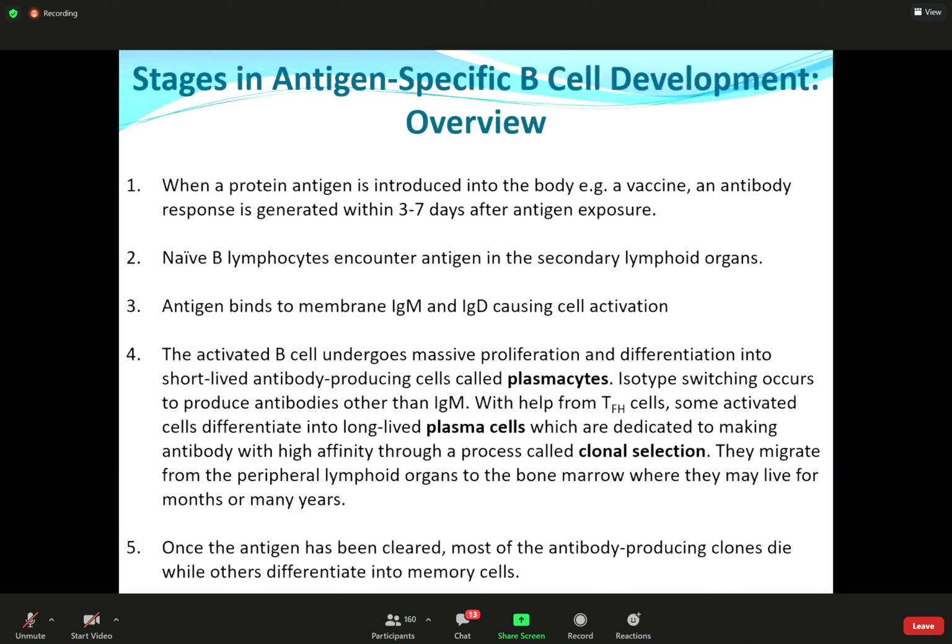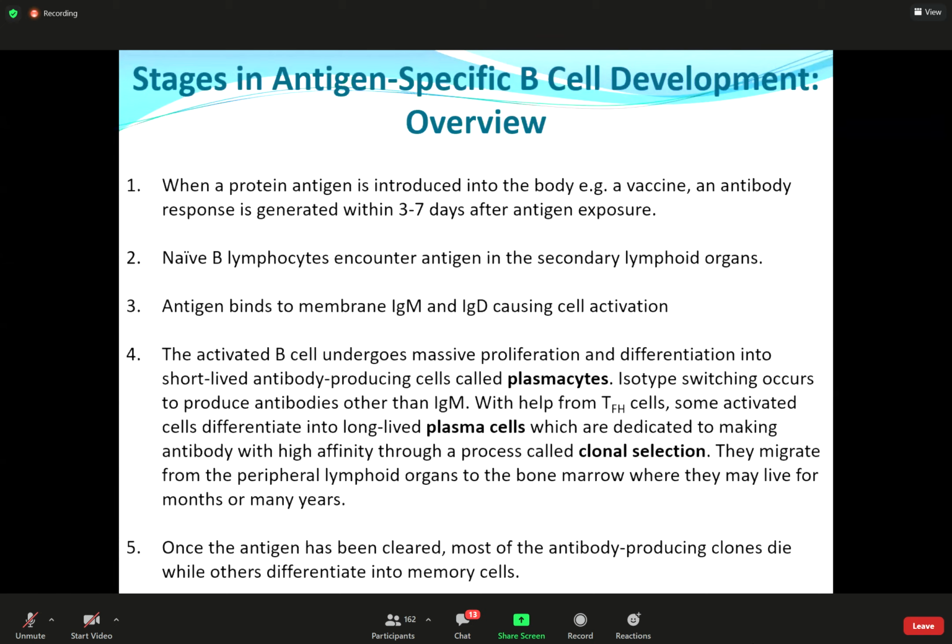So as an overview of this process, just like T cells emerging from the thymus come out as naive T cells, where they haven't yet seen an antigen but bear a mature T cell receptor, B cells emerge from the bone marrow with a functional B cell receptor, which remember is IgM and IgD.